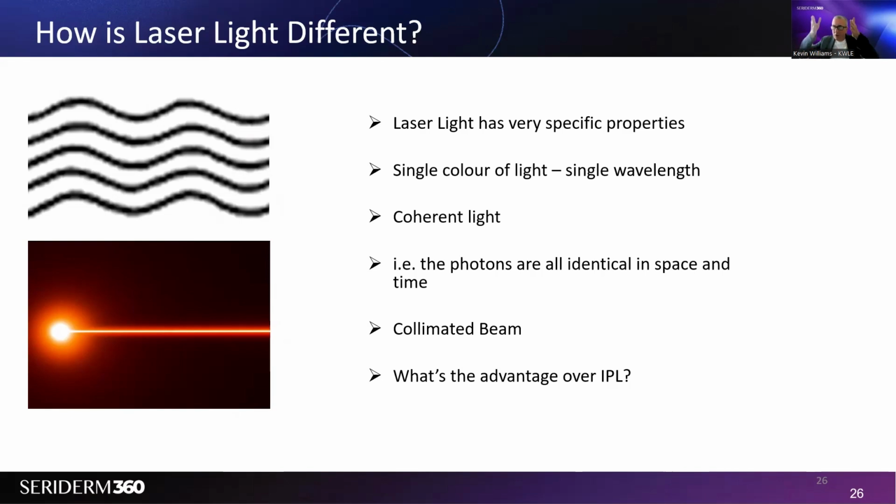Okay. Now, because it's a collimated beam hitting the tissue, there's very little reflection of light. So also we can get more of the energy delivered to the target chromophore. So the outstanding advantage of a laser is you can choose the correct wavelength to get the correct effect on a single chromophore. That's what's exciting about lasers.